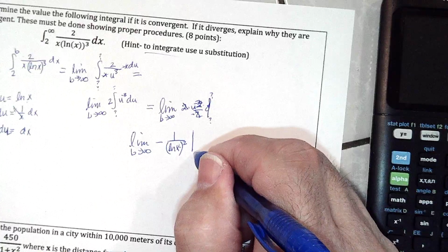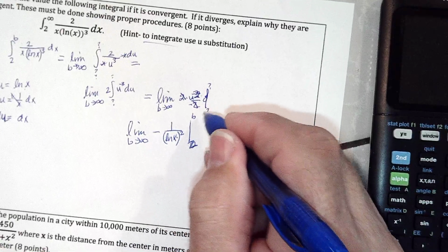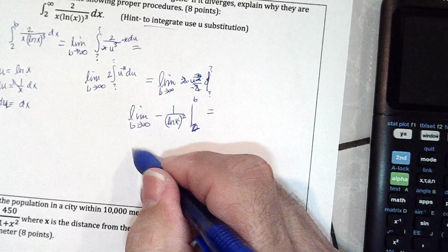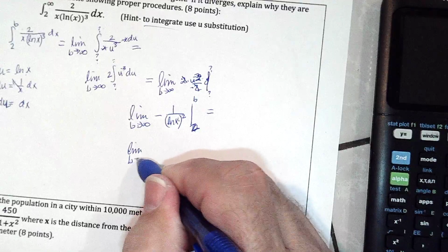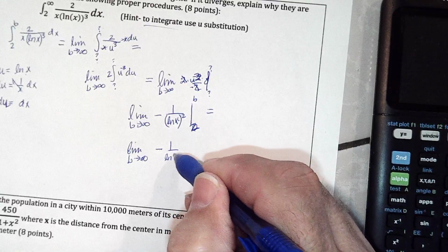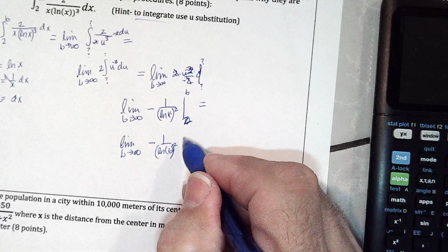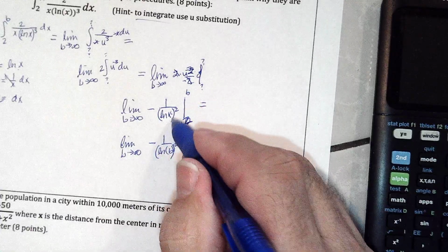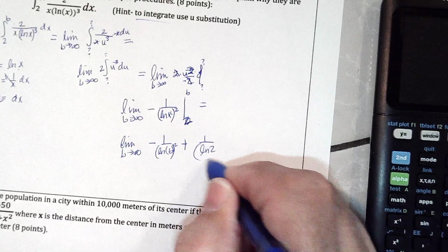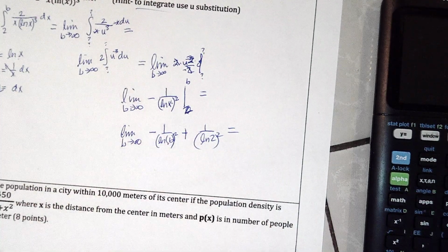evaluated from back now to x's, so we're going from 2 to b, and I got to plug those in before I take the limit, so I'm going to have the limit as b goes to infinity of minus 1 over ln of b whole thing squared, minus and minus plus this with 2 put in, and what happens with this?